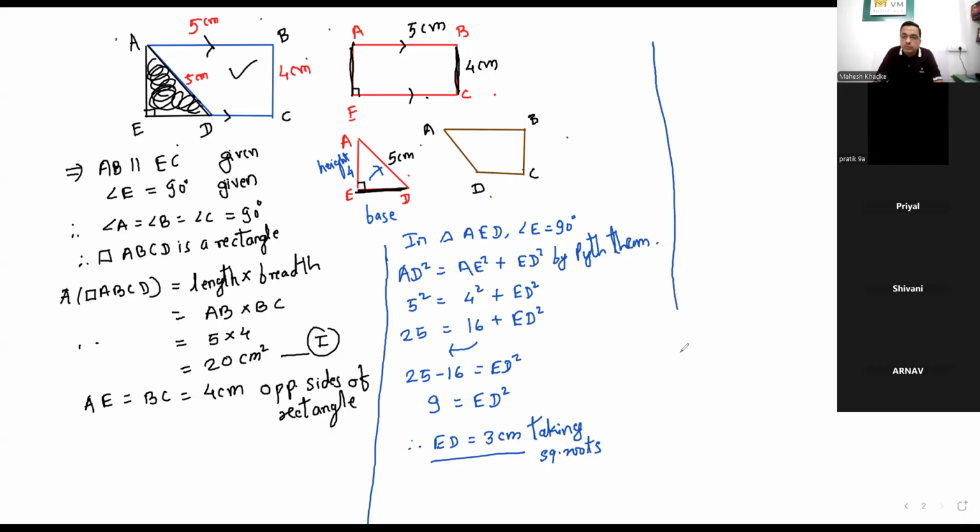So again we will draw this triangle. एक triangle मैंने बना दिया फिर से.